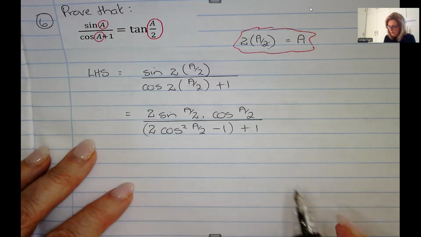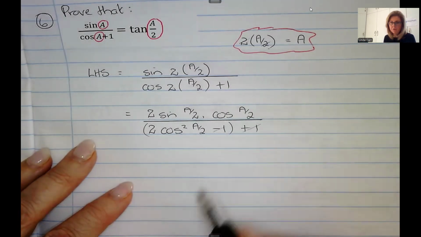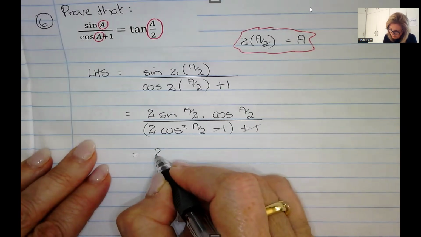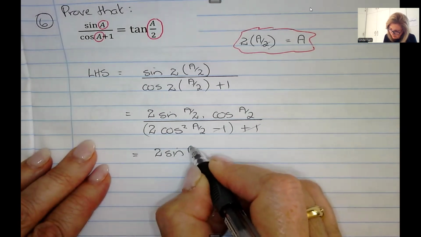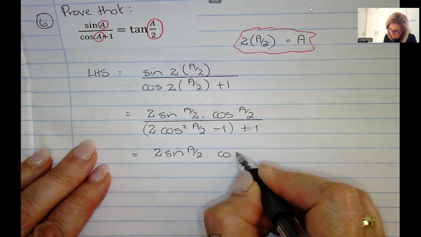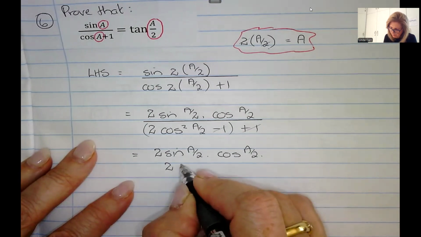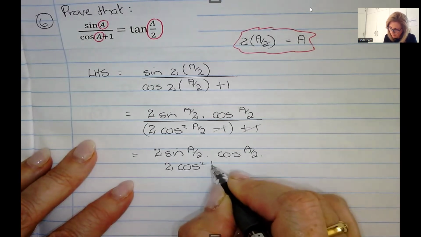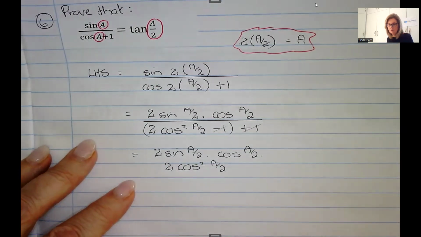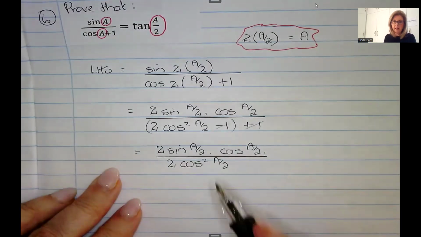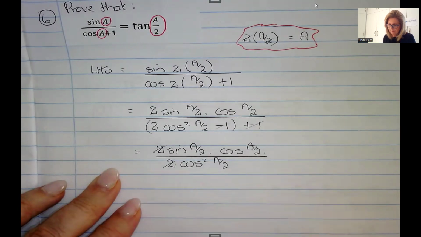All right, so conveniently, those two will subtract out with each other, and I'm left with 2 sine A over 2 cos A over 2. At the bottom, 2 cos squared A over 2. And happiness is divide.